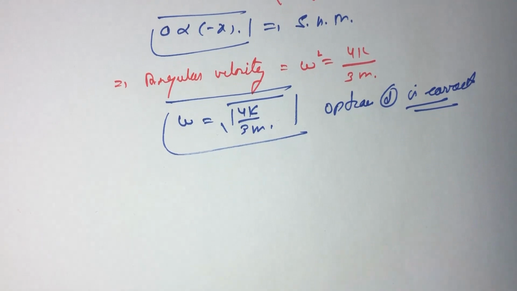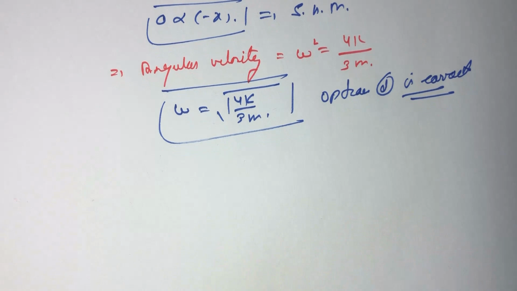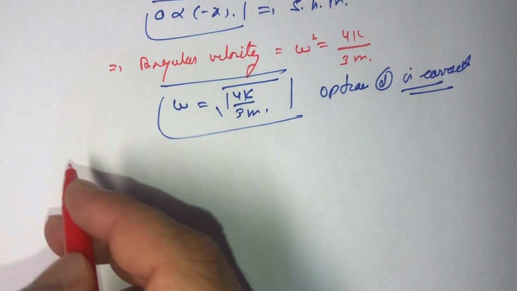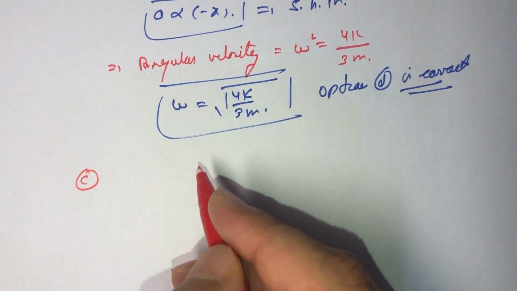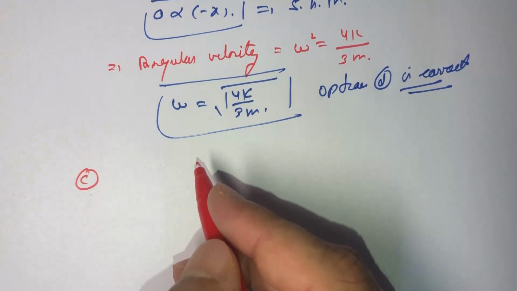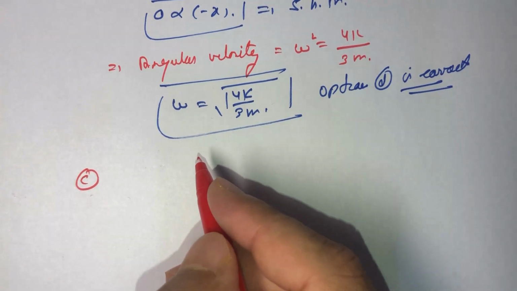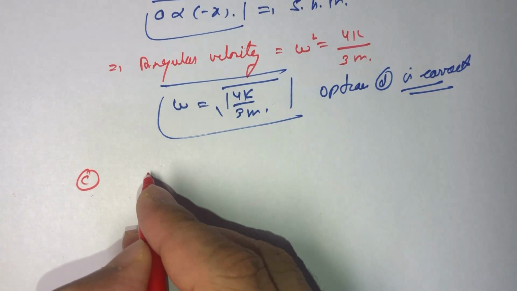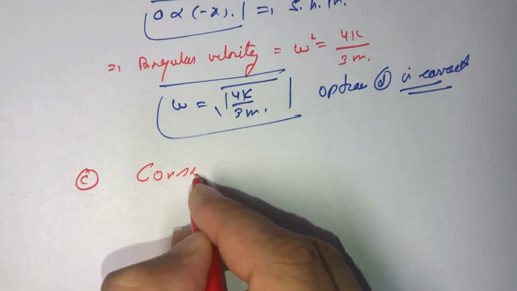And the C part: the maximum value of V naught for which the disk rolls without slipping. For pure rolling we can use the conservation of energy.